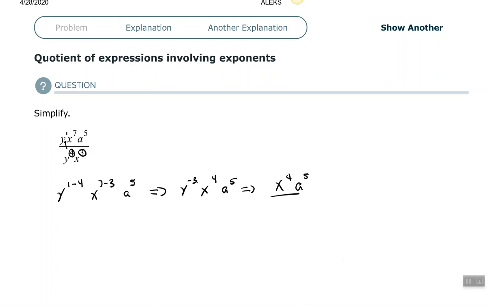And then the y to the negative 3rd, we're going to move that base to our denominator to make that exponent positive. And that will give us our answer: x to the 4th times a to the 5th all over y to the 3rd.